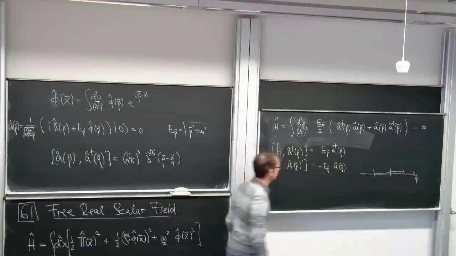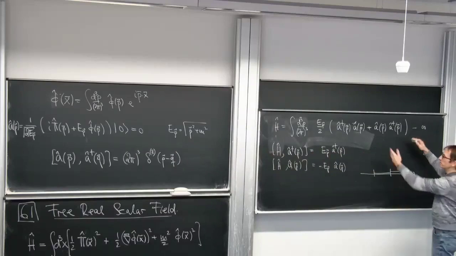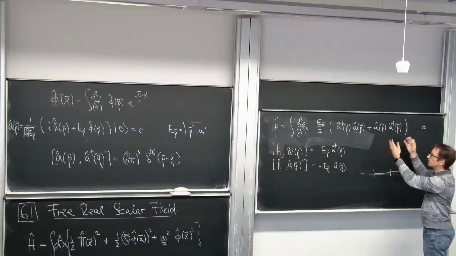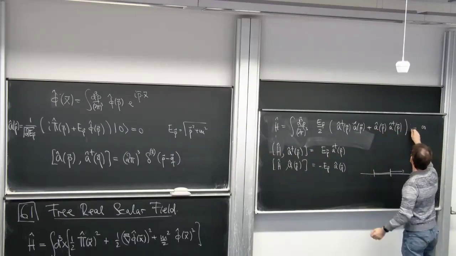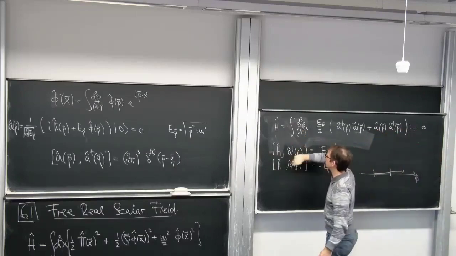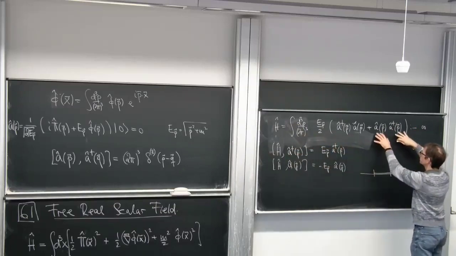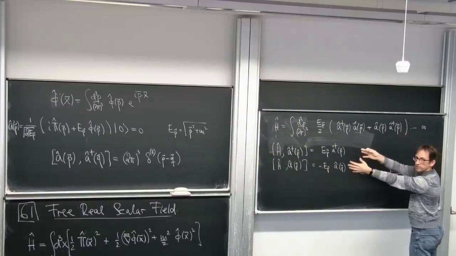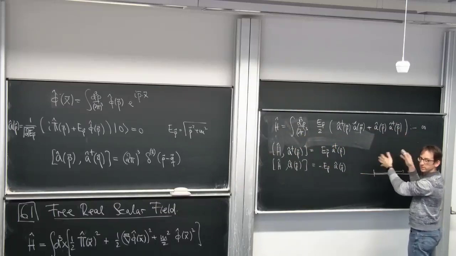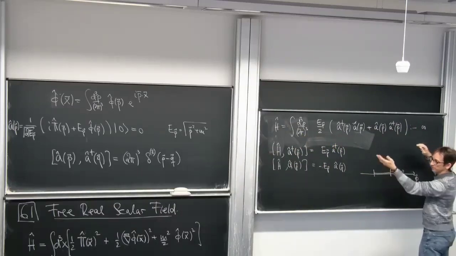I was doing infinities, so we somehow have to subtract them, but it has to make sense somehow. The procedure just says you add these colons, which means normal order, and normal order means switch the order of the creation and annihilation operators such that first you have the creation operators and then the annihilation operators, because the annihilation operators will then on the right side act first on the state, and in the vacuum they get killed.